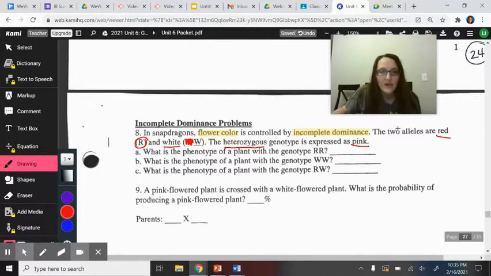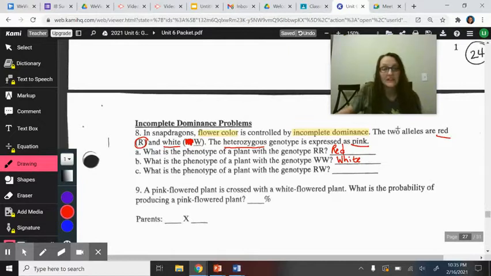All right, so A, what is the phenotype? Remember, phenotype is that physical appearance. What is the phenotype of a plant with genotype RR? That's going to be a red plant. Well, I guess a flower. It's going to be a red flower. Okay, what is the phenotype of a plant with WW? That's going to be a white flower.